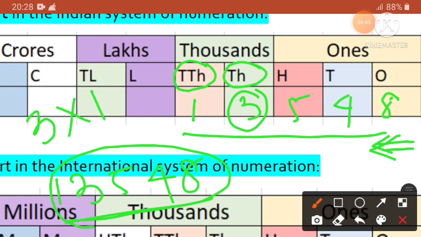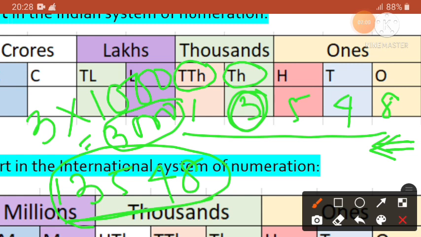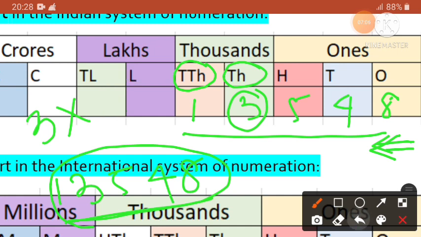So it will be 3 into 1000, that is 3000. So the place value of this digit is 3000.